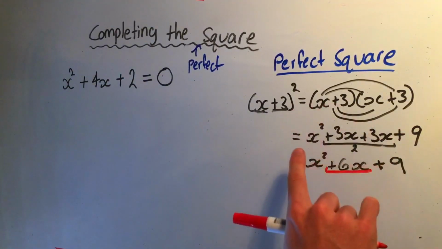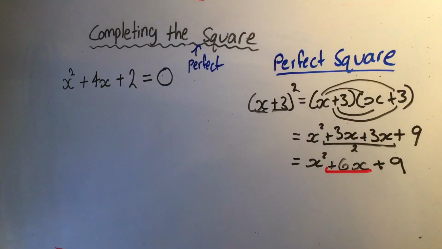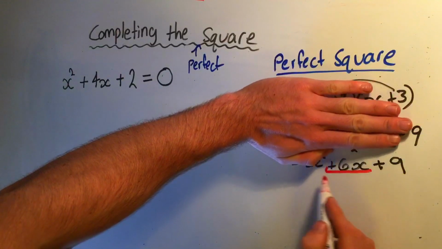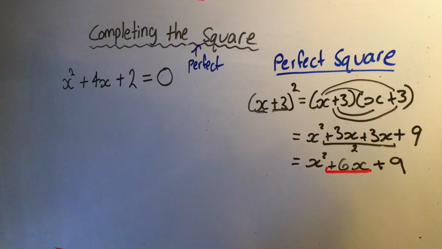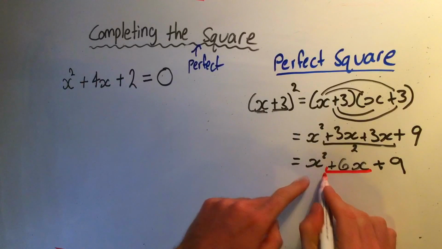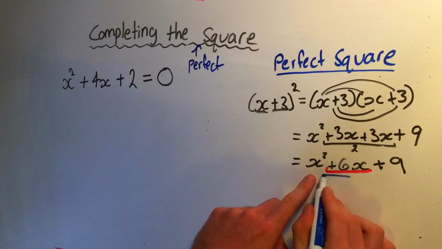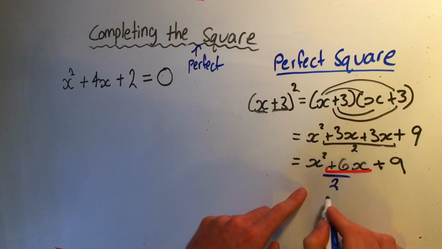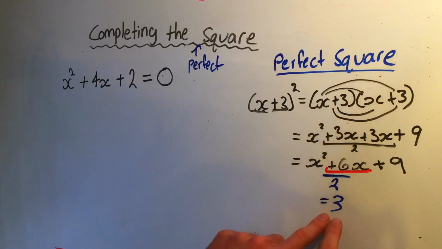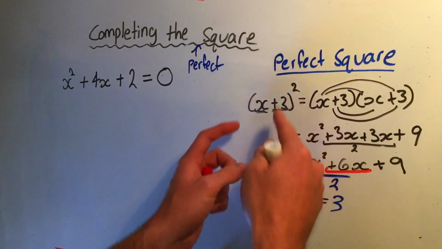Okay, great. Now what you need to notice here is that this middle term, plus 6x, represents double what these two terms were times together. Therefore, if you didn't get this information and you simply saw this line, and I wanted to know if this was a perfect square, the way to recognize if something is a perfect square already is to say, if I halve this middle term, and I don't include the x, I just look at the number next to it, if I divide that by 2, that equals 3. And notice that half of that number will always be the number that goes into the bracket that is a perfect square.